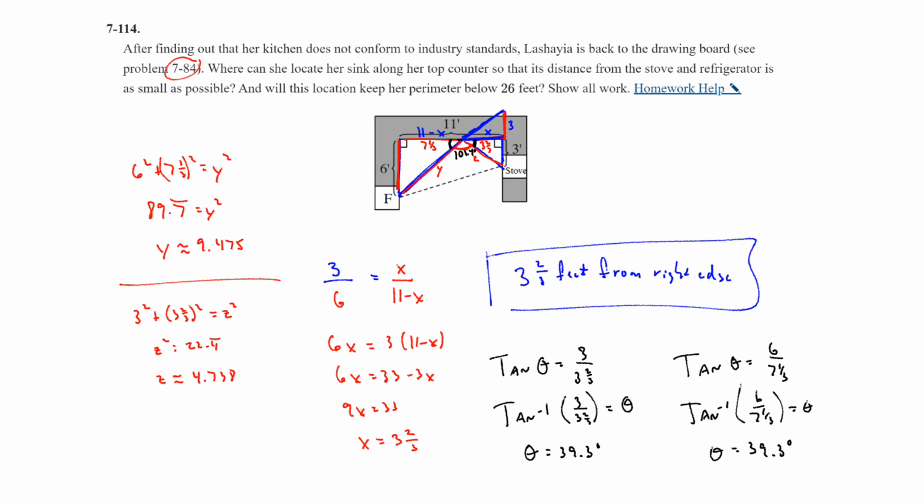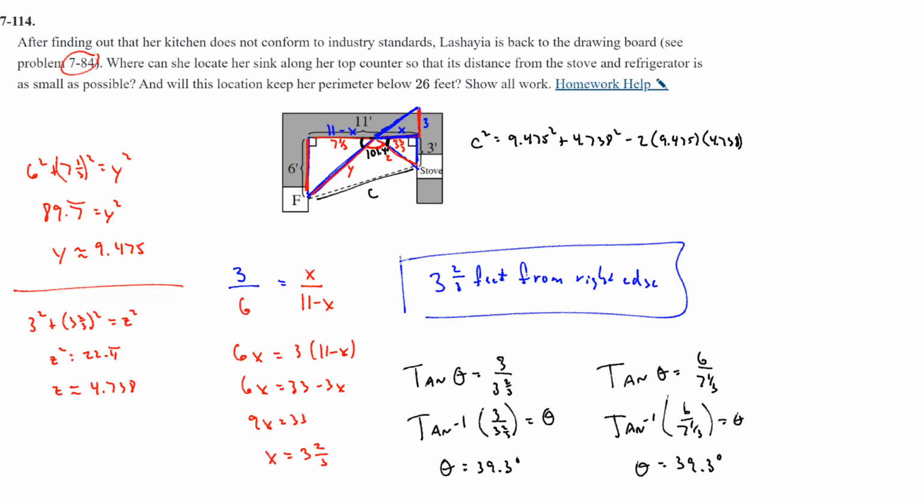And so now we can use the law of cosines to find the last length. So we'll call this c. So c squared is equal to 9.475 squared plus 4.738 squared minus 2 times 9.475 times 4.738, times cosine of the angle, which is 101.4 degrees.